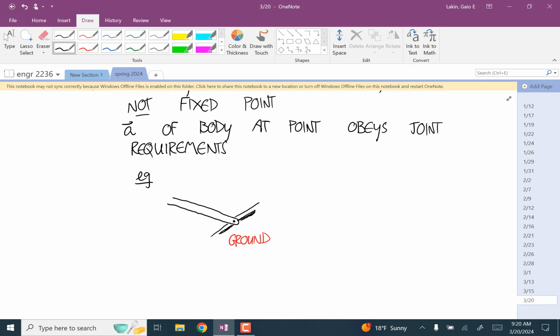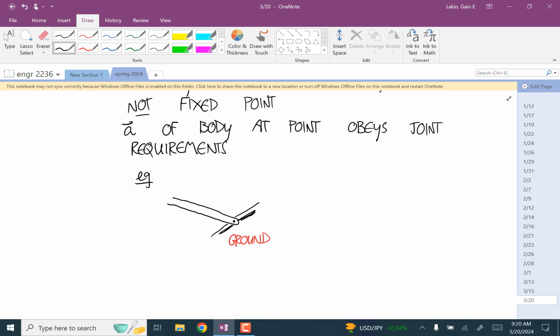That's not a fixed point because this pin can move along that channel, along that slot, okay? But that doesn't mean that this point can do anything it wants. It's restricted by that slot, right? So what kind of acceleration does that slot prevent? Yeah, right. It can't move perpendicularly to that slot. It can only move parallel to that slot.